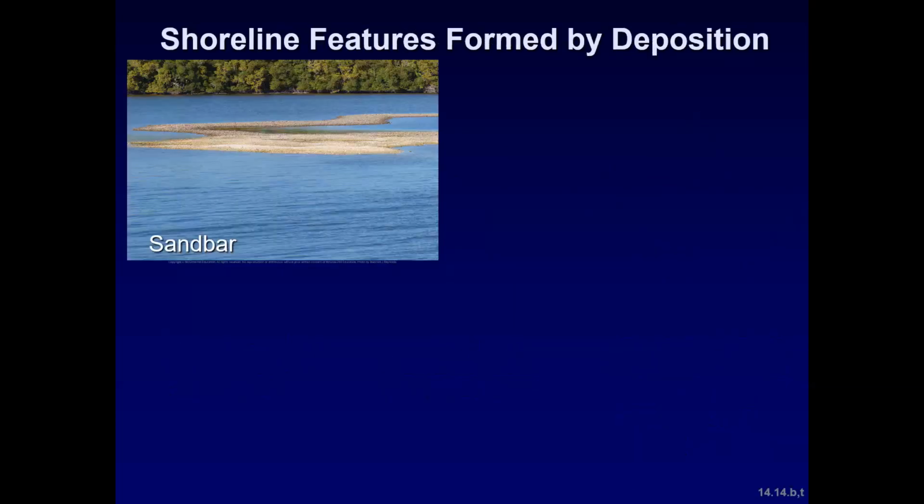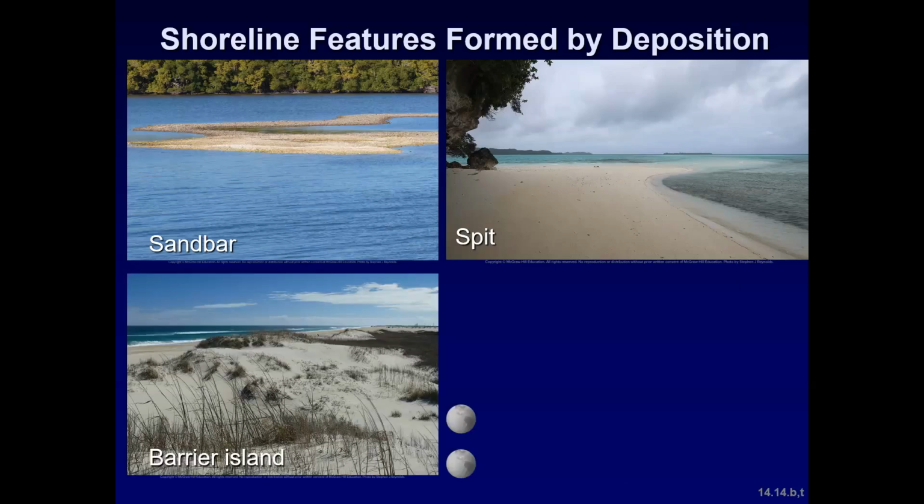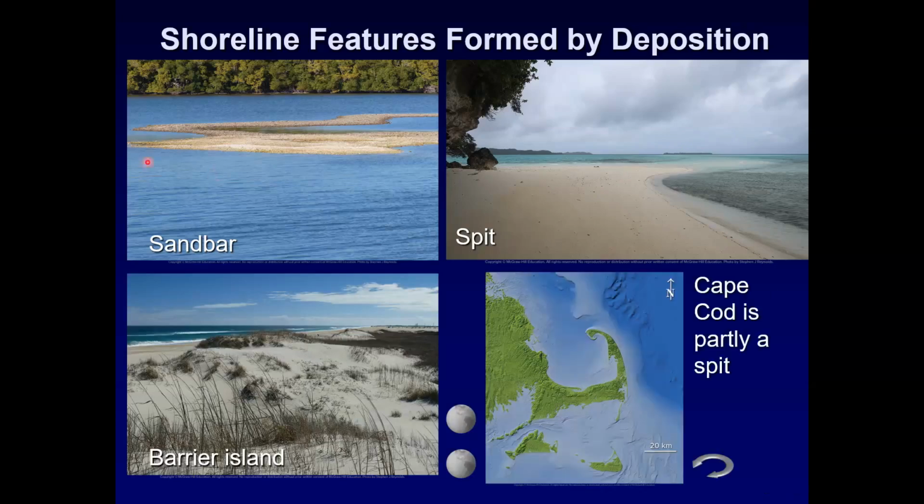This is progressive. Shoreline features formed by deposition rather than erosion include sandbars, depositing sand, a spit. You can see that along our local coastline. A barrier island, very common, say, in the Gulf Coast, where you get sediment deposited out in front of the continent. Now, Cape Cod is partially a spit.